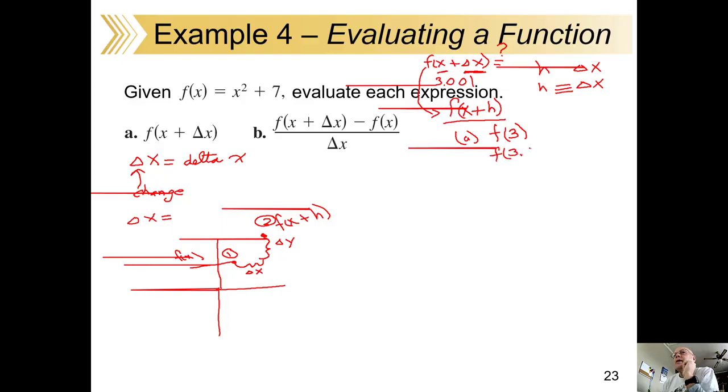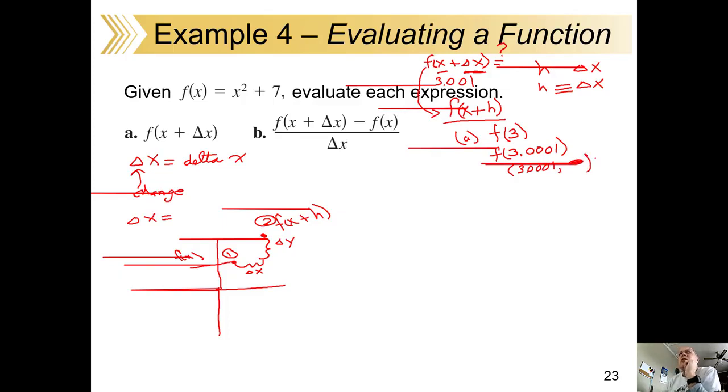And if I add just a tiny bit to that 3, this 0.0001 is your delta x or your h. This would tell you what y value was paired with 3.0001, and whatever that turned out to be when you put in the function.